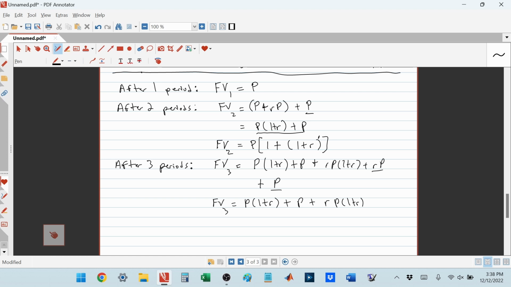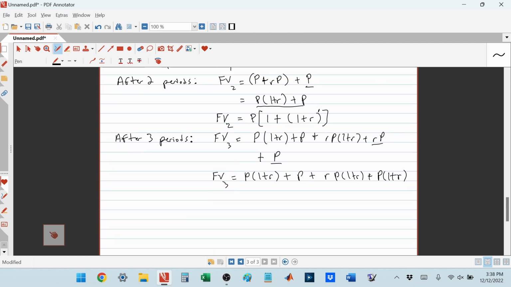So RP plus P is the same as just P times 1 plus R. And now what's common? We can pull a P out of all these terms. Or before we do that, we can do another algebraic manipulation.